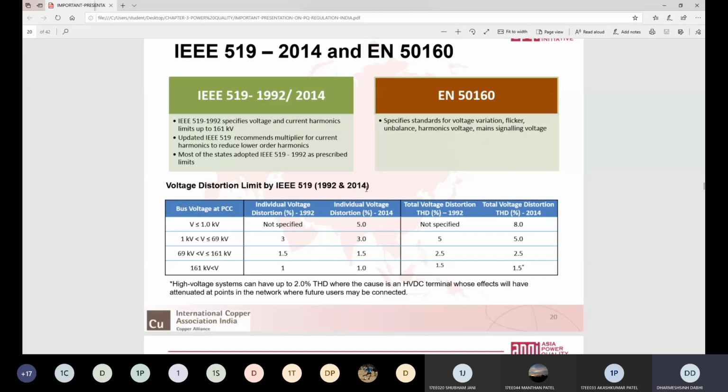After that, in 2014 it was revised, and as per the revision you can see what changes happened. These are the 1992 individual voltage distortion limits based on the different voltage levels of transmission at the point of common coupling. Then what changes happened in 2014? In the same way, total harmonic distortion in the voltage: how much percent in 1992, and what changes were done in 2014.